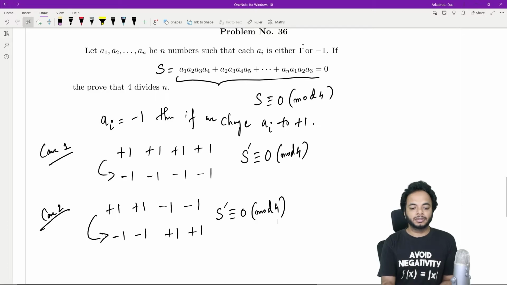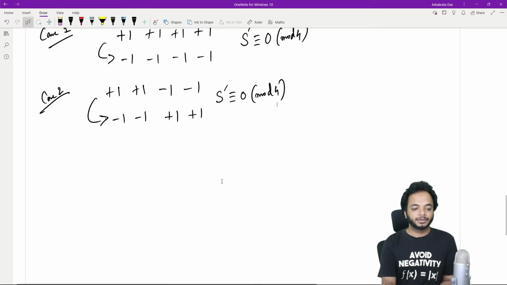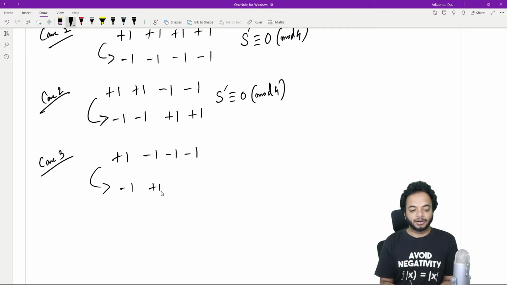Now let's think what the other cases could be. Case 3: there could be 1 plus sign and all the others -1s. When I change it, it becomes -1 and all the others +1s. Before it was +1 and three -1s, so -2, and -2 under modulo 4 is also 2.